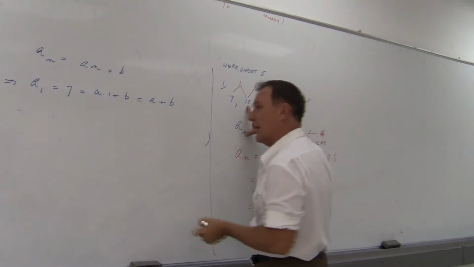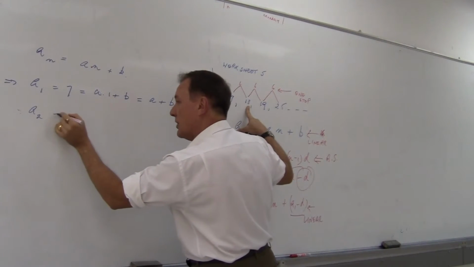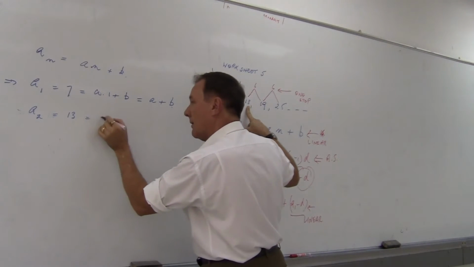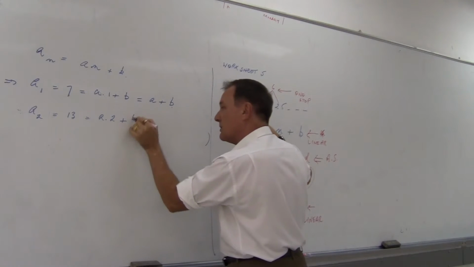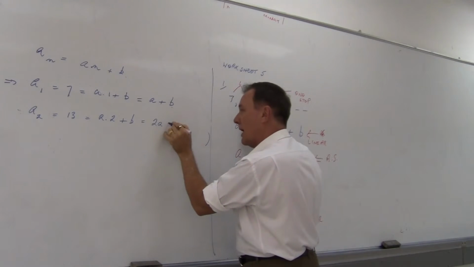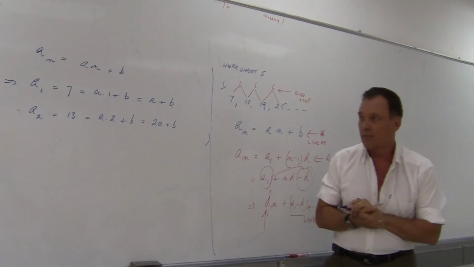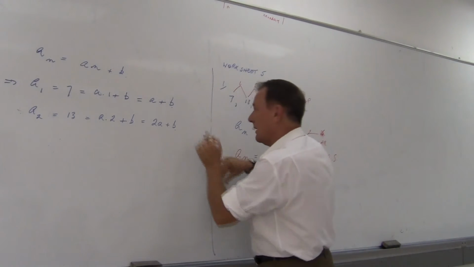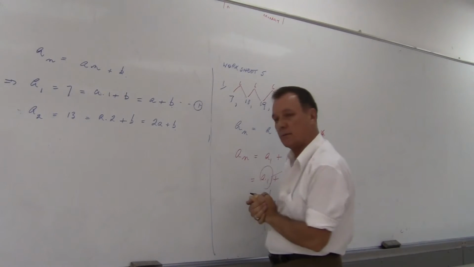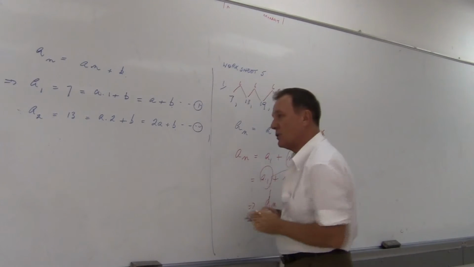Alright, next one, 13. 13 is the second term. It'll be a times 2 plus b, or 2a plus b. Like that. Alright, now, here's equation number 1. Here's equation number 2.